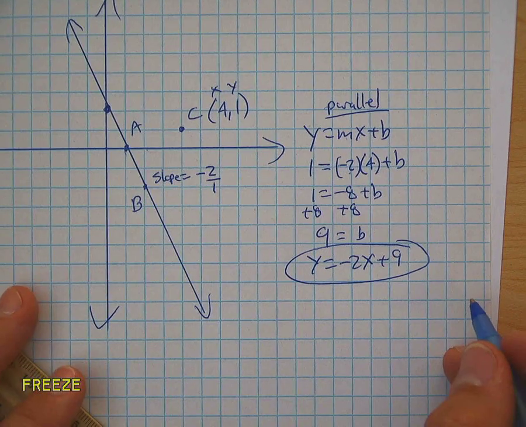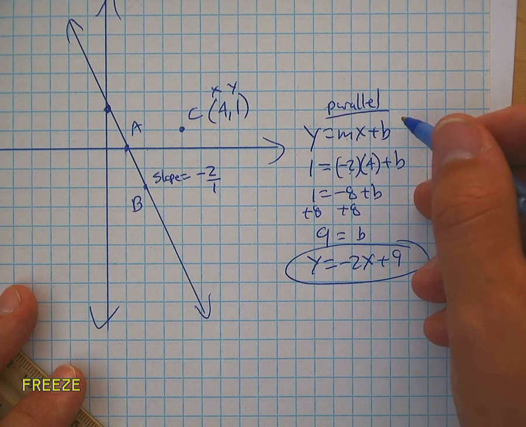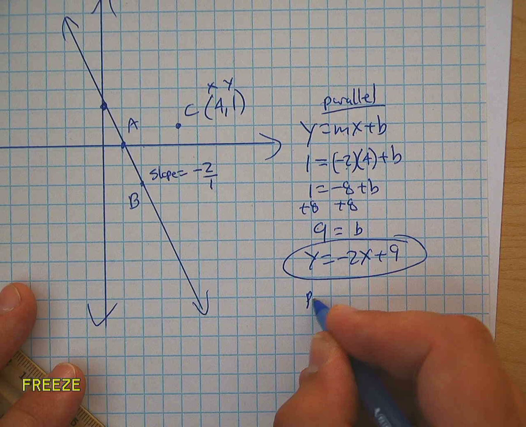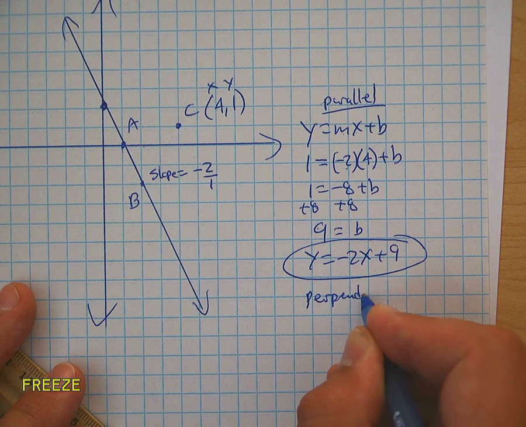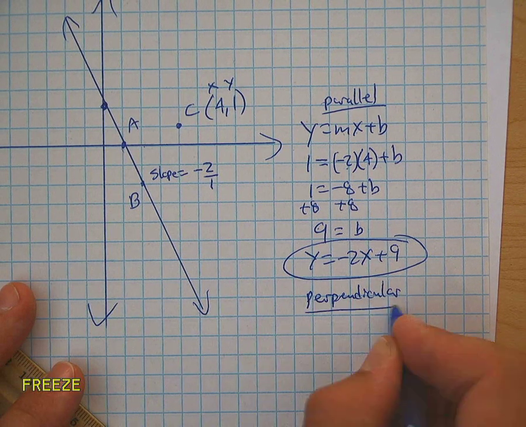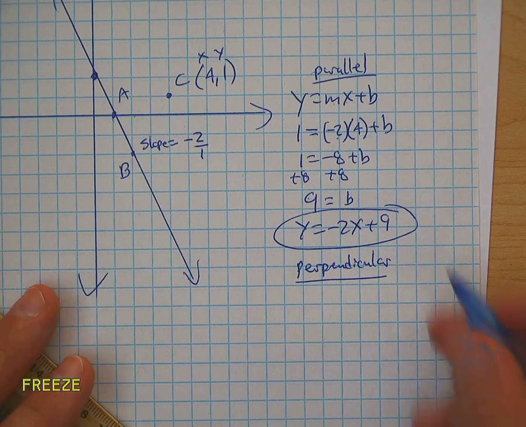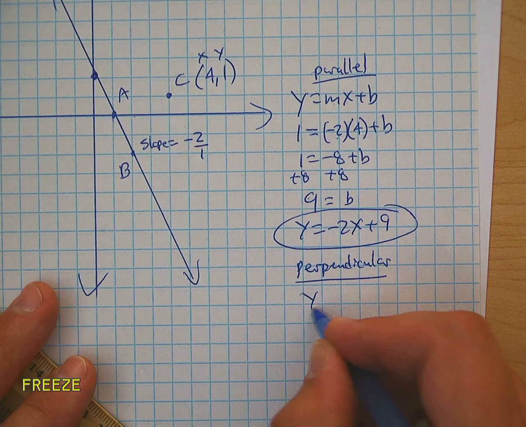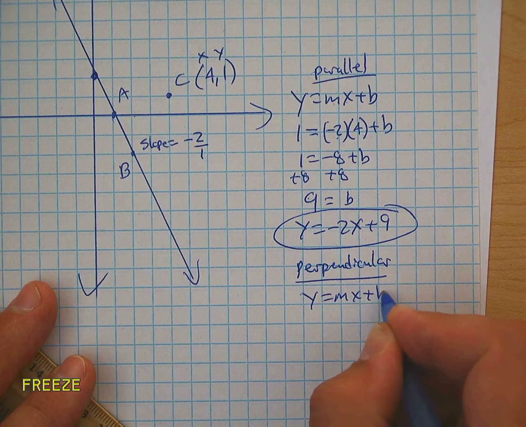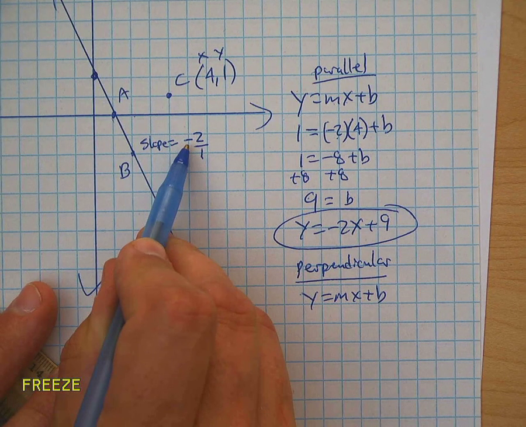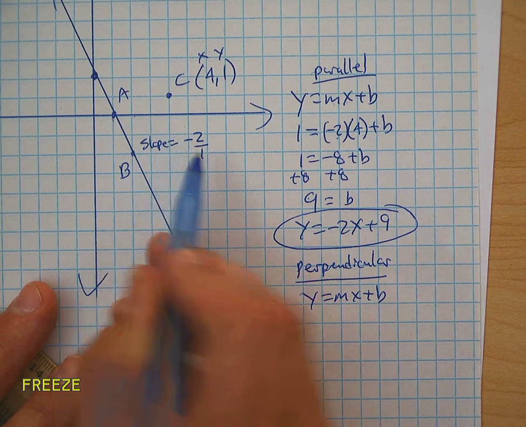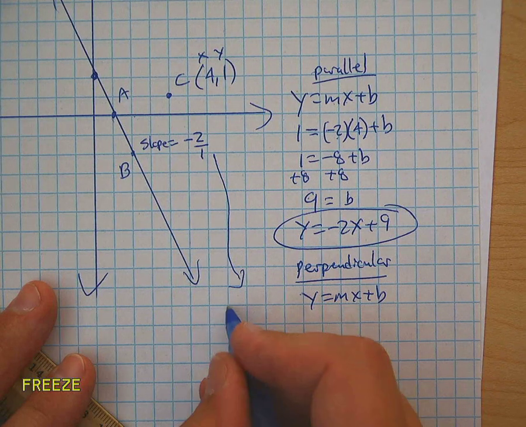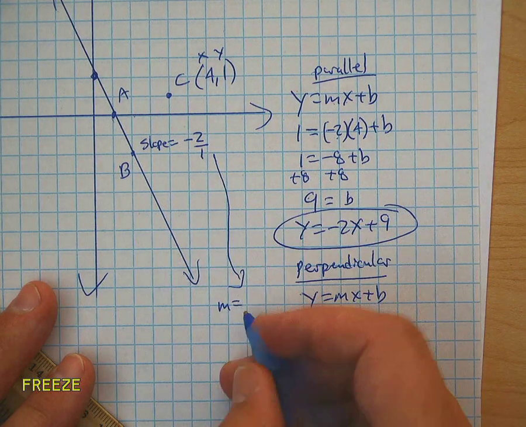Now let's say we want to graph an equation that is perpendicular, which you're also going to have to know. So in order to be perpendicular, I still use y equals mx plus b. I can't use the slope, which is negative 2 over 1. Instead, I have to use the opposite reciprocal, which is 1/2.